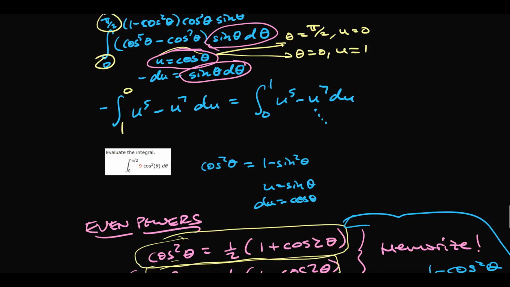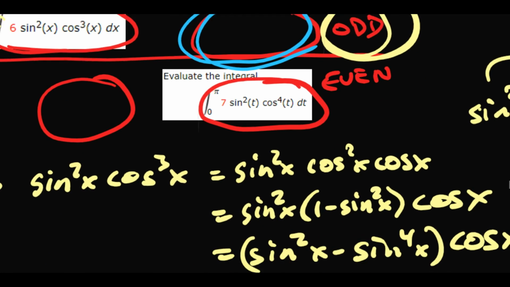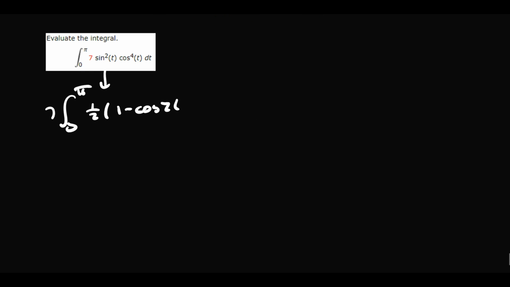If you have a combination of two, like this one up here, let's pull this one down. What you can do is pull the 7 out, of course, 0 to pi. And you can make this 1/2 times 1 minus cosine of 2t, since we're using t. The cosine to the fourth of t is also known as cosine squared of t, squared.